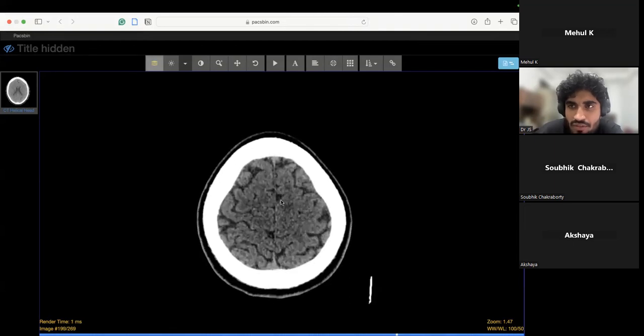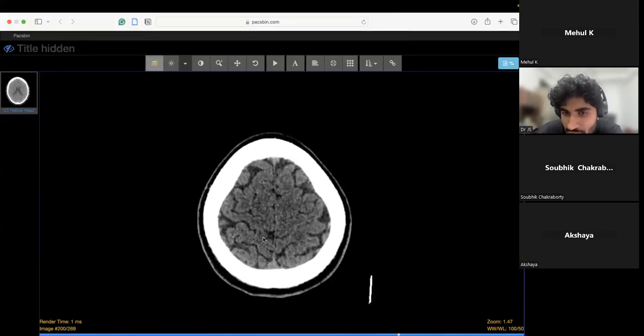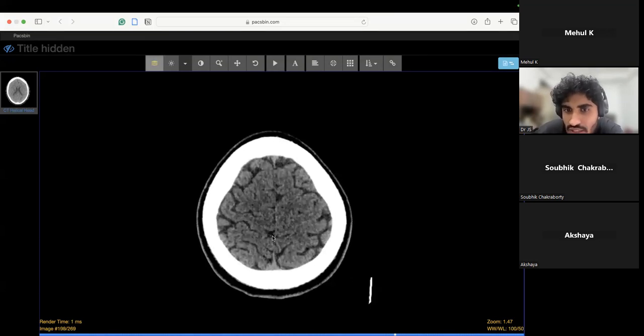Sensory. Post-central? Motor. Okay, so pre-central and post-central. Based on this, we look at gyri and sulci differentiation and effacement as well. So this is the mustache and also the marginal sulcus.